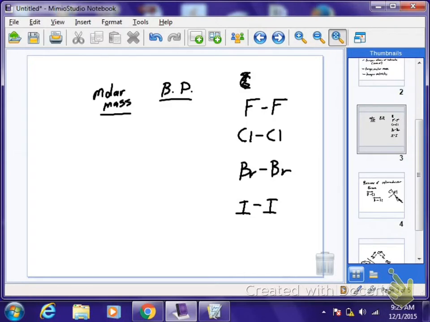Fluorine, you have 2 fluorine atoms, so I look at its weight on the periodic table per mole. Fluorine has a mass of 19. I take it times 2, so its molar mass is 38 grams per mole. I'm going to look at chlorine. Its weight is 35.5. I multiply it times 2, so that's going to be 71.